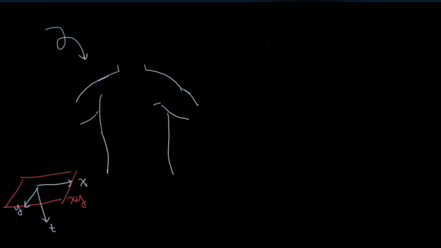Okay, now we're going to actually look at a body here, right? And just like how we talked about in the previous slide, where we looked at the X, Y, and Z directions, and how we can look at the XY plane here, and the XZ plane here.